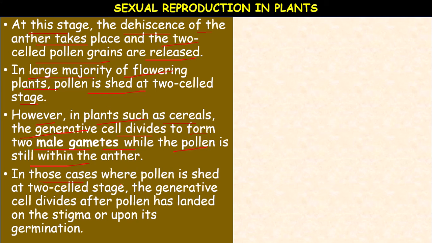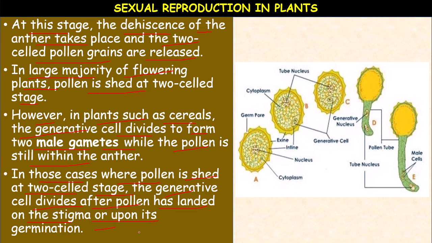In those cases where the pollen is shed at the 2-celled stage, the generative cell divides after the pollen has landed on the stigma of the flower, or upon its germination. Here you can see the mature pollen grain, consisting of cytoplasm and the nucleus.